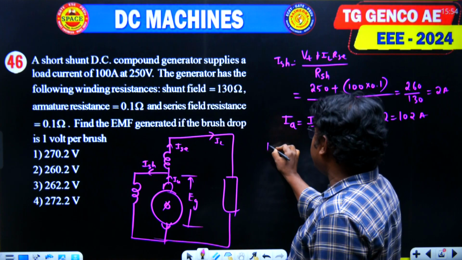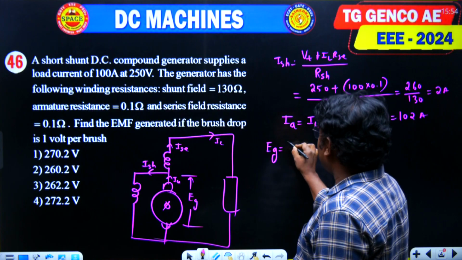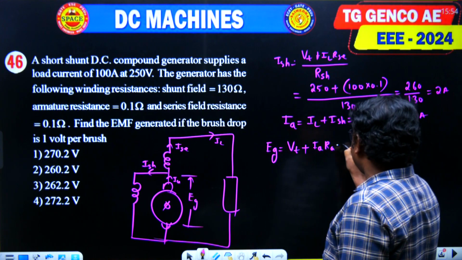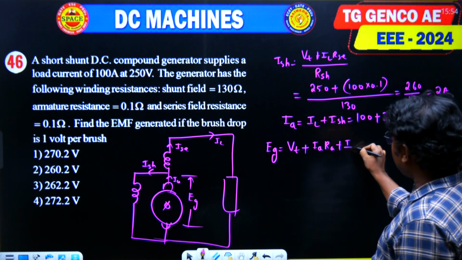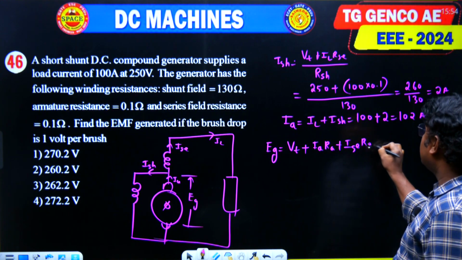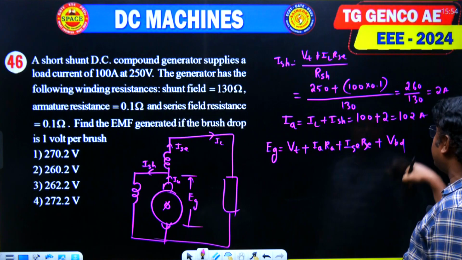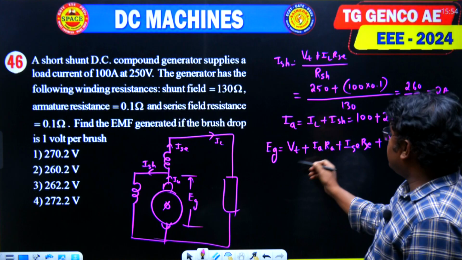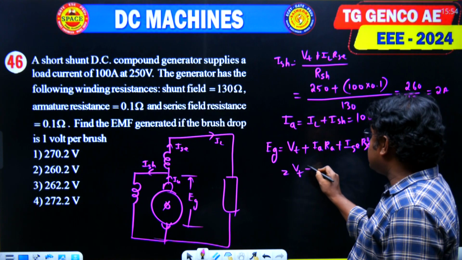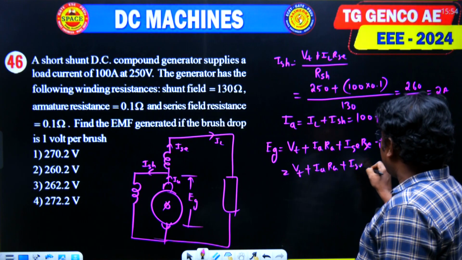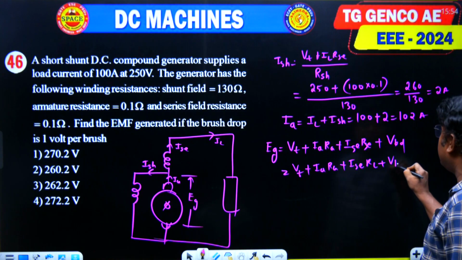How do we get the generated voltage? EG is equal to VT plus IA RA plus ISC RSC plus some amount of brush drop, 1 volt per brush, which you can write as VBD. So EG is VT plus IA RA plus ISC RSC plus the brush drop.